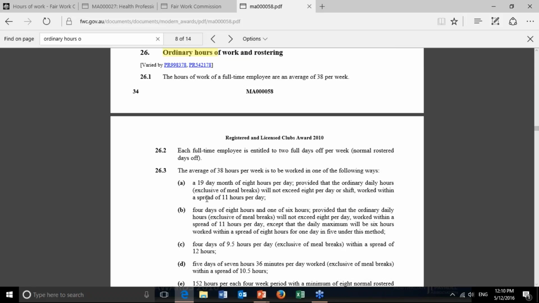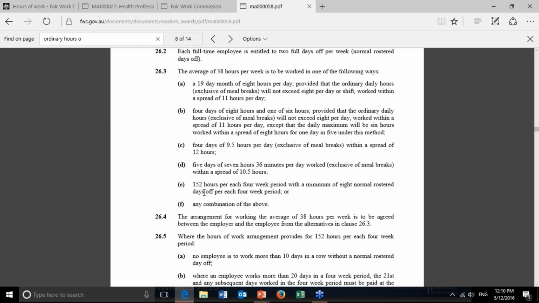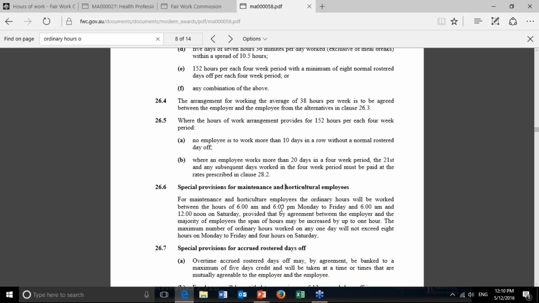It's just simply 38 a week. So there are no start and finish times, no Mondays to Fridays. That's just special provisions for those staff. So the hours of work can be worked pretty much at any time. So let's say we've got someone working under this award Thursday, Friday, Saturday, and someone working Wednesday, Thursday, Friday.